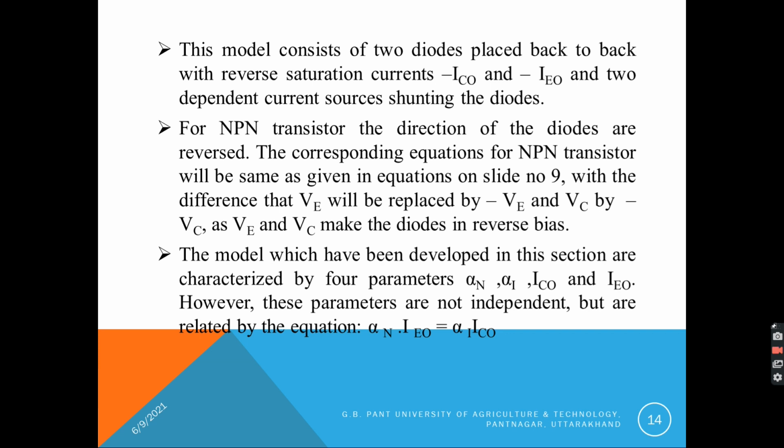Now the model developed in this lecture is characterized by 4 parameters. The equation contains 4 parameters: alpha N, alpha I, ICO and IEO. But these parameters are not actually independent; they are related by the equation alpha N into IEO equals alpha I into ICO.